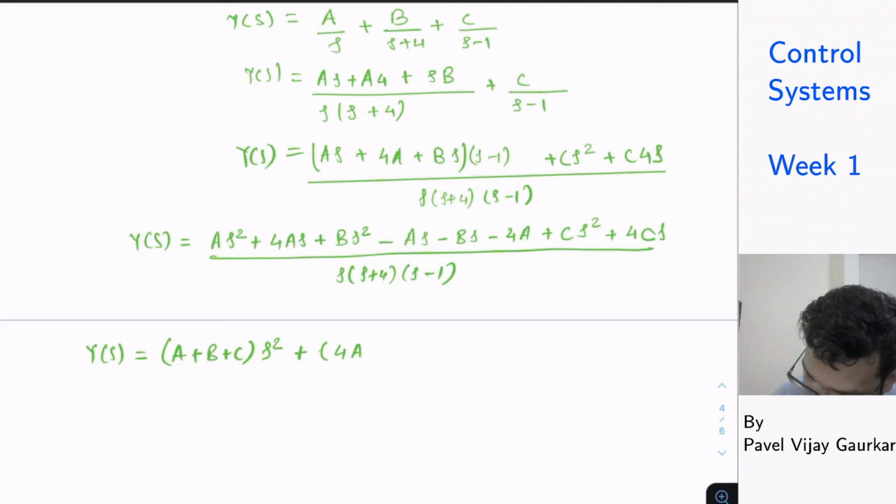Oh, sorry, this is B is 1/20. Right. So 1/20 e^(-4t) plus 1/5 e^t, this is positive t.